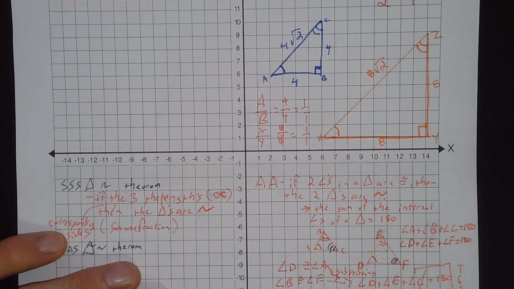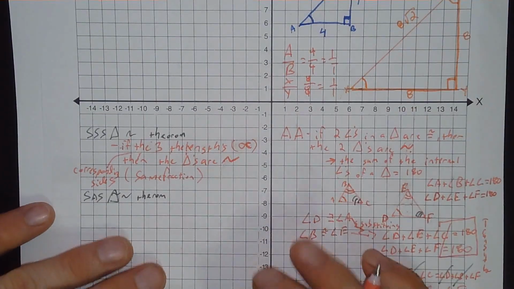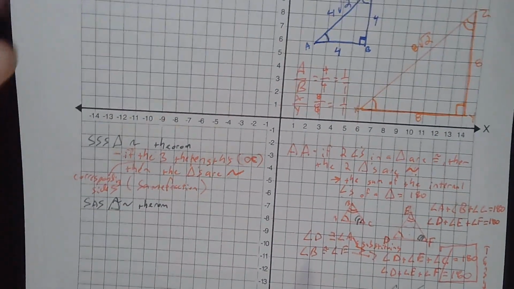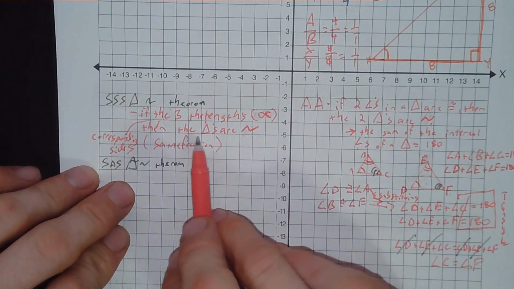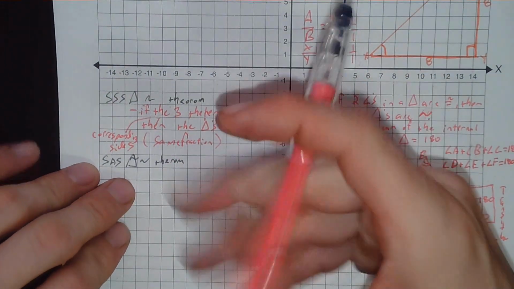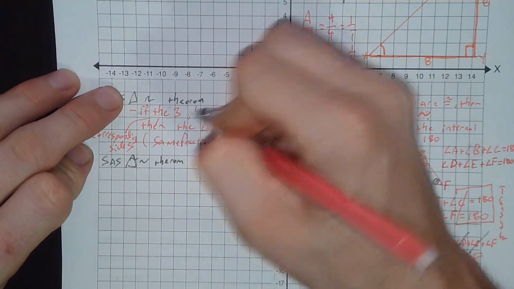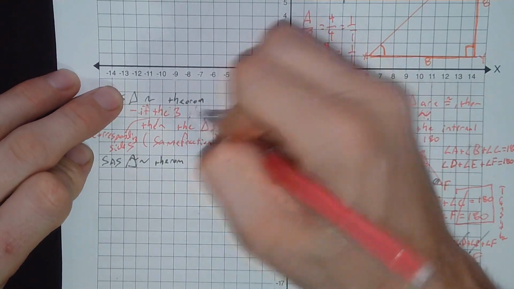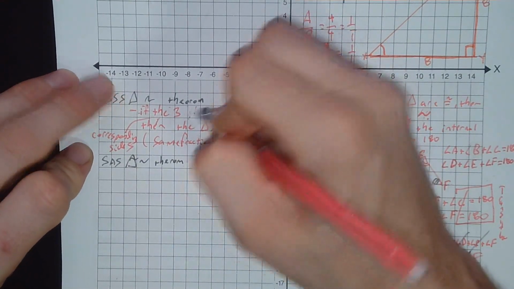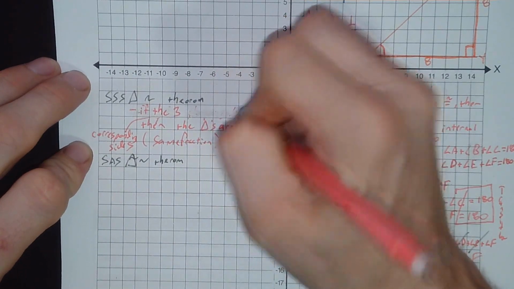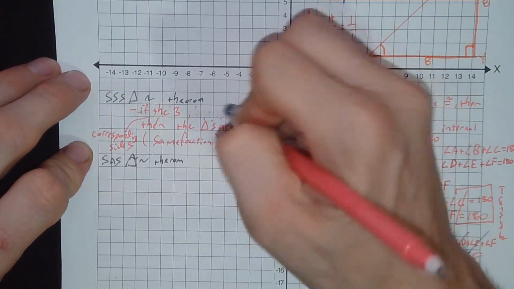All right, so I'm going to correct myself on the last one. I misread my notes from earlier, and it's for the side, side, side. It's if the three lengths of the sides and the corresponding sides from the other one, which makes way more sense, which is why it's called that. Like I said, it's late on a Sunday evening.